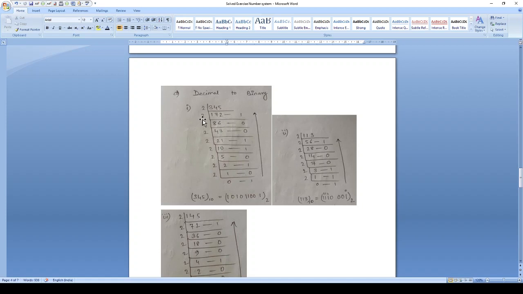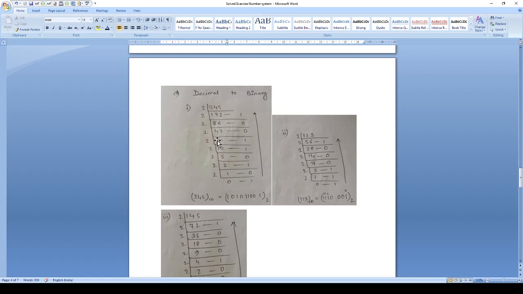Again you divide it by 2. You will get quotient 86, remainder 0. Again you divide it by 2, and in this way you will divide again.